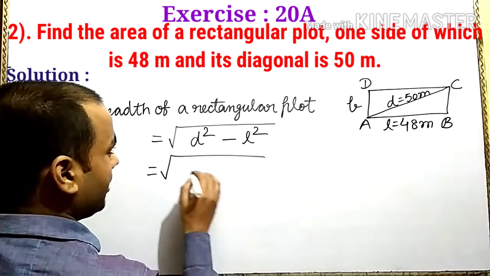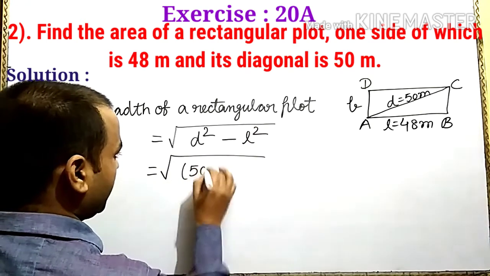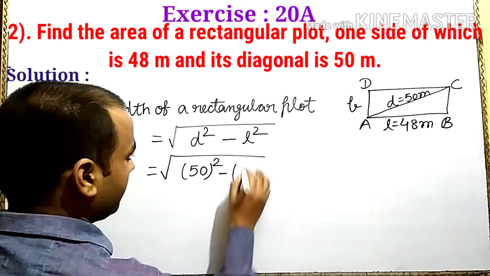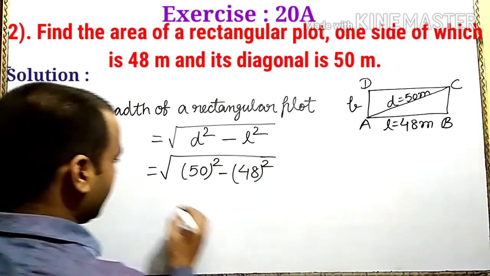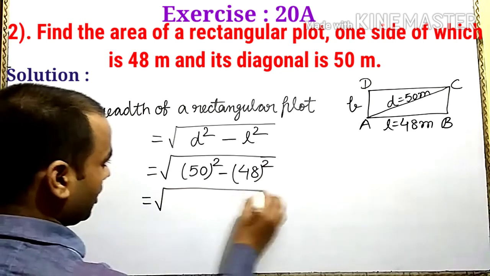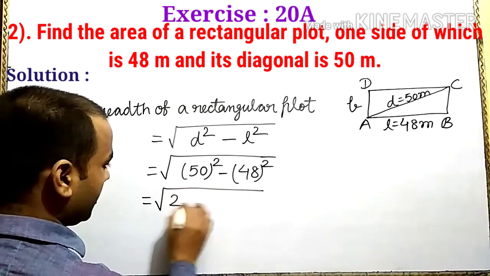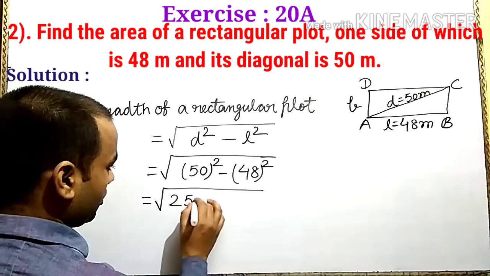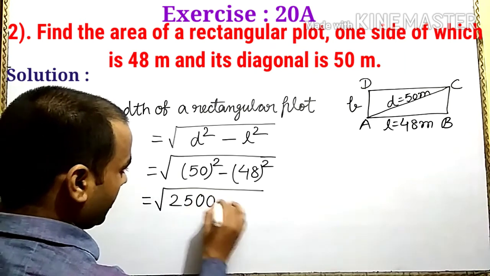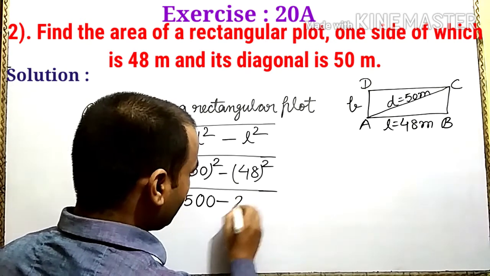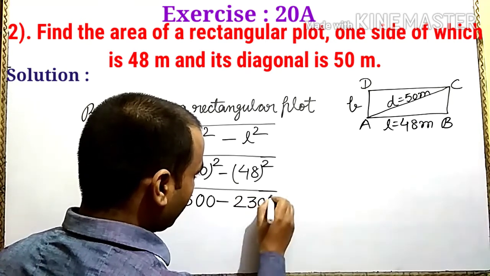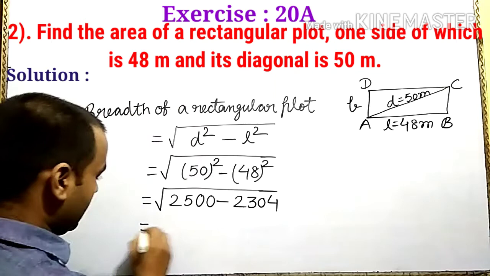Here diagonal given is 50, length given is 48. Square of 50 gives 2500, and square of 48 is 2304.